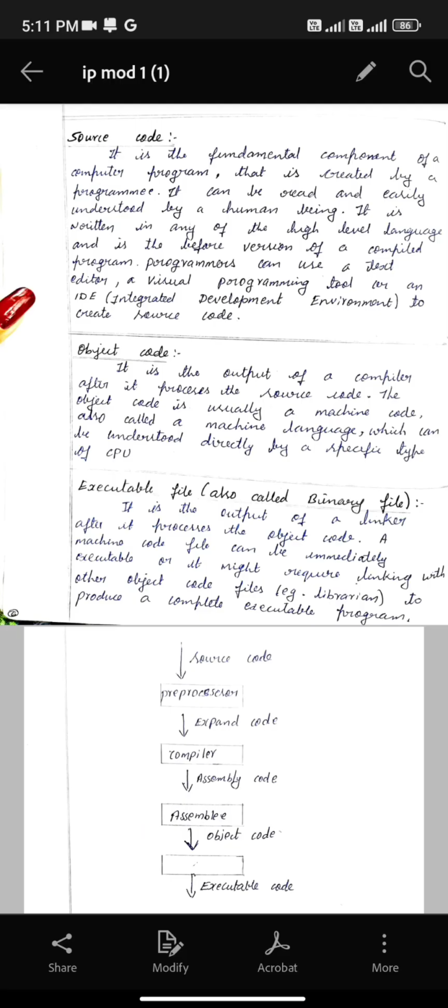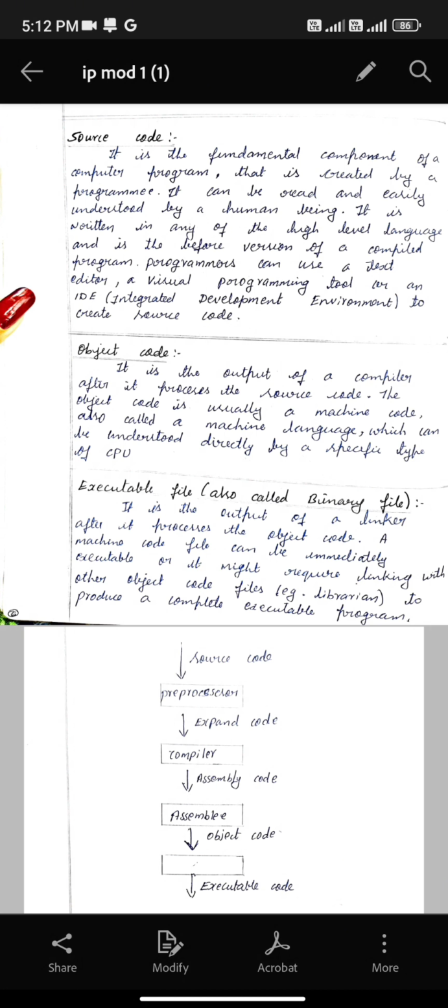Next one is source code. Source code is a fundamental component of a computer program, and it is created by a programmer. If I am writing the program, I am creating the source code. It can be read and easily understood by human beings, and it is written in any of the high level languages. And the next one is object code.